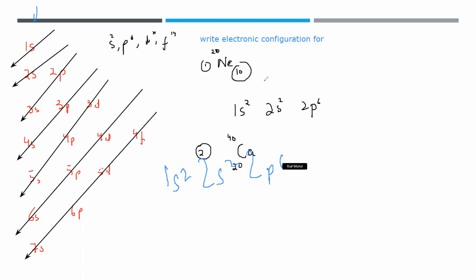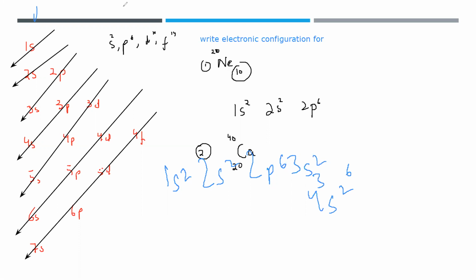Just mention 1s2, 2s2, 2p6. So that means 10 electrons are arranged in calcium, but we have to arrange 20. 3s2. Yeah, so 3s2, 3p6.